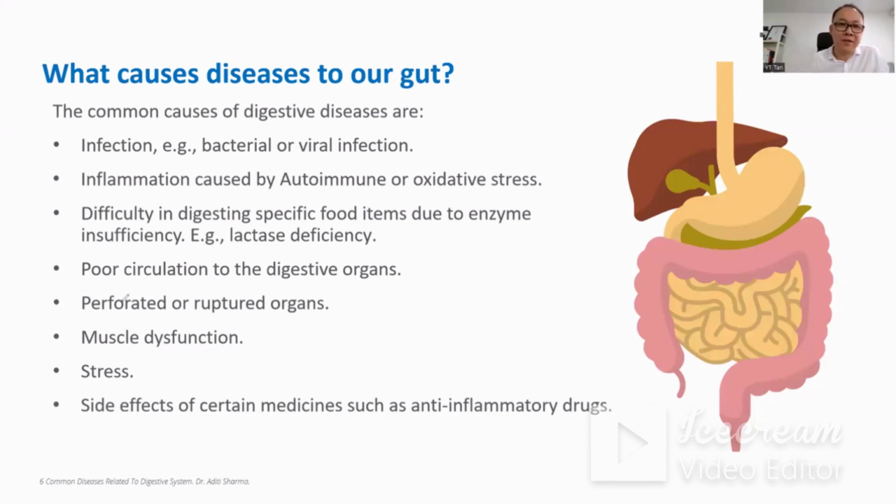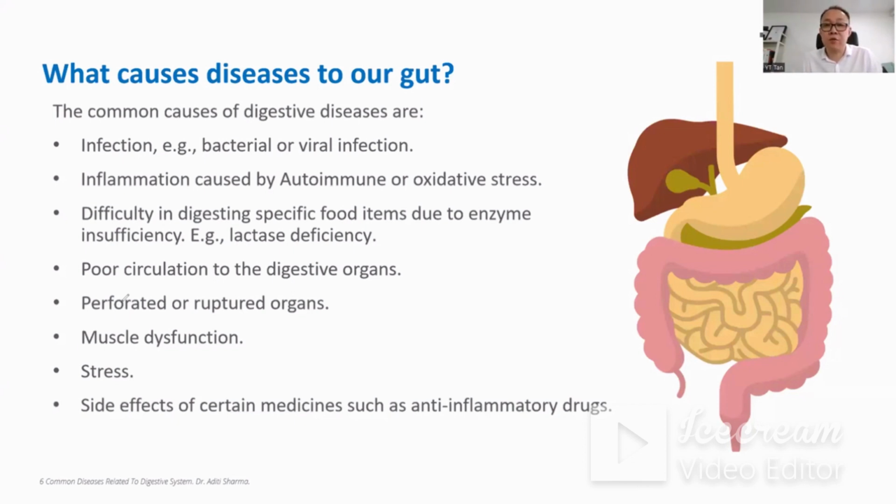Now, some people have enzyme insufficiencies. When we have enzyme insufficiencies, we are not able to digest some foods, and the food goes into the intestine in its original form. So it becomes a burden to the gut, and all this will cause troubles.